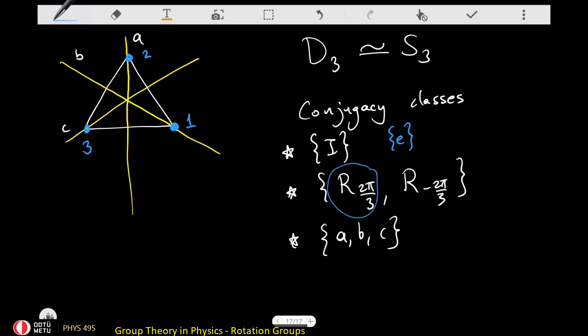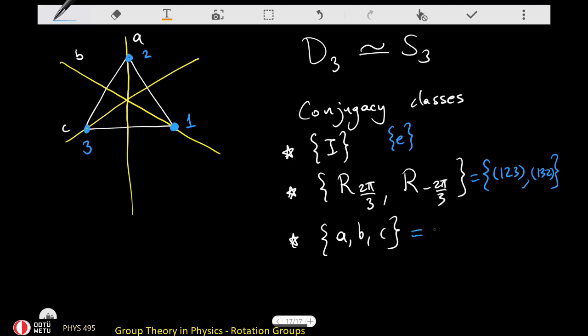The 120 degree rotations are essentially permutations. A 120 degree rotation basically corresponds to the permutation 1, 2, 3, where 1 is mapped into 2, 2 is mapped into 3, and 3 is mapped into 1. So it's just a rotation like that. And the other rotation is 1, 3, 2. Therefore, these 2 rotations are actually the 3-cycles.